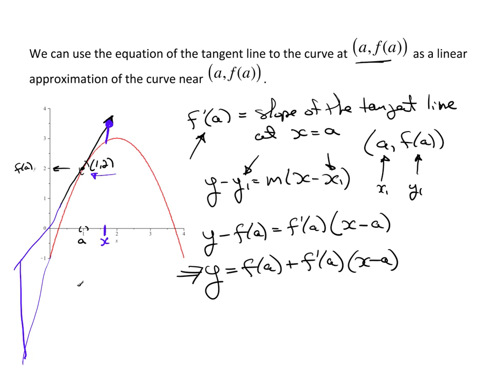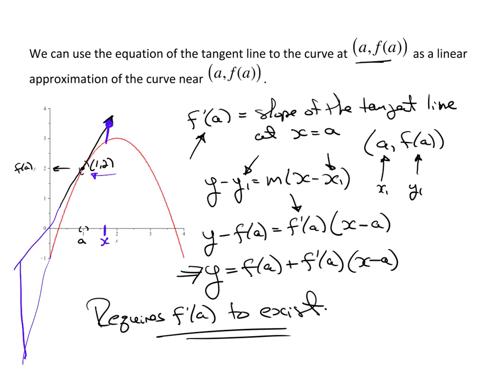But near that point, it should be pretty good. Now, obviously, to do any of that, because I have the derivative in there, this requires f prime of a to exist. That's an absolute requirement because right here is f prime of a. I can't have it in there if I don't know what it is.